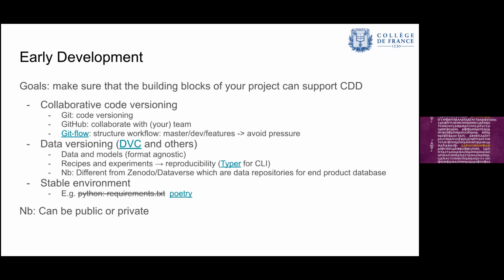Another good thing about data version control is that it enables you to declare recipes and experiments, which will typically be a config file with both the data assets that you use and a bunch of command line functions that have generated, for example, a data output or a model.